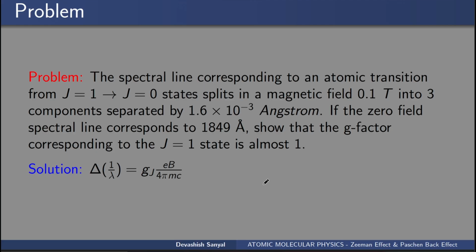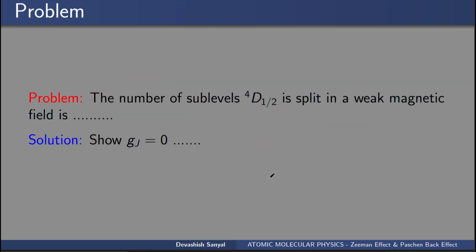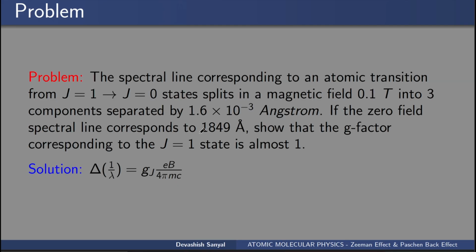The spectral line corresponding to an atomic transition from J equal to 1 to J equal to 0 splits in a magnetic field of 0.1 Tesla into 3 components. So this J equal to 1 to J equal to 0 transition is there without a magnetic field, so there is one line.